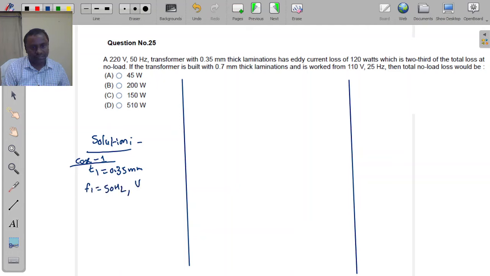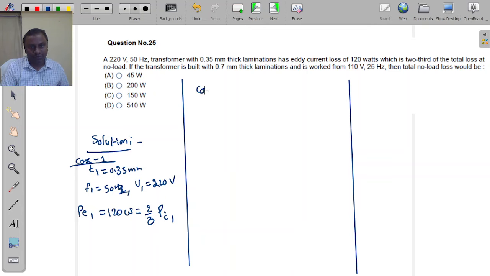Next, the voltage is given as 220 volt, and the eddy current loss in the first case, represented by suffix 1, is 120 watts, which is two-third of the total iron loss in case 1. This is the data given.